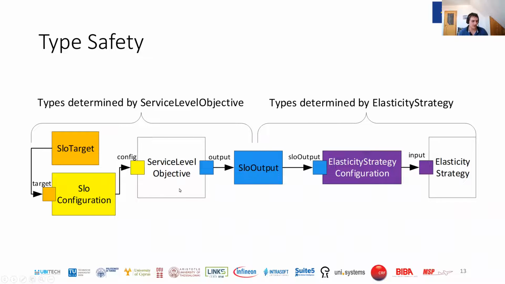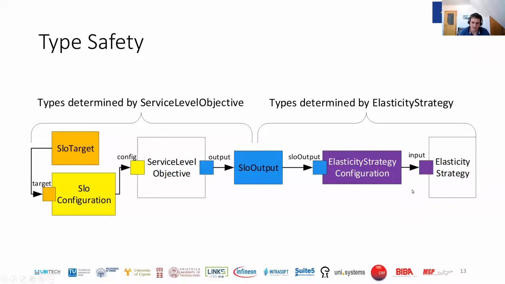So a service level objective will have a certain input configuration type, denoted by the yellow color, which defines which SLO targets it can support. So for example, an SLO might be limited to databases only. Then you shouldn't be able to apply this SLO to a REST service.